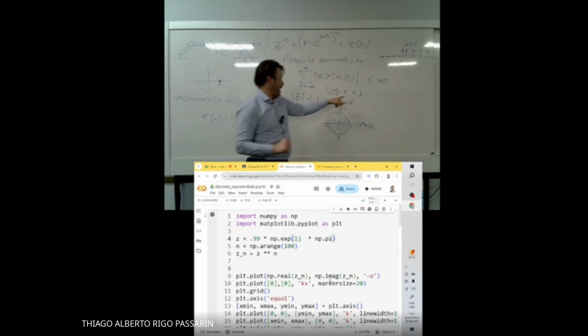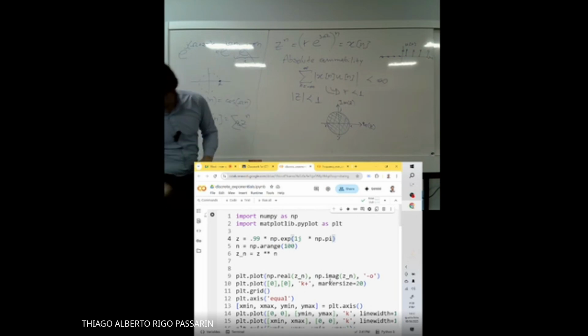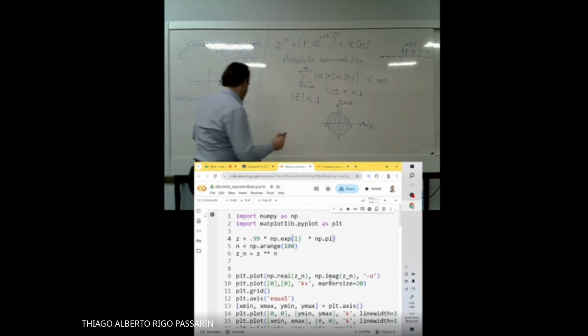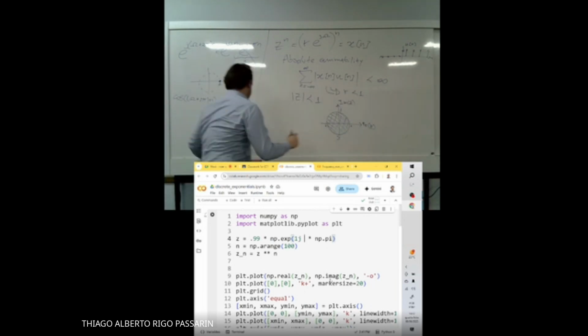Because if I have R equals 1, then I have 1 times e to the j omega, to the n.